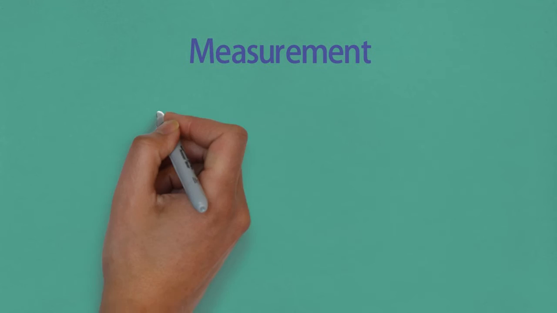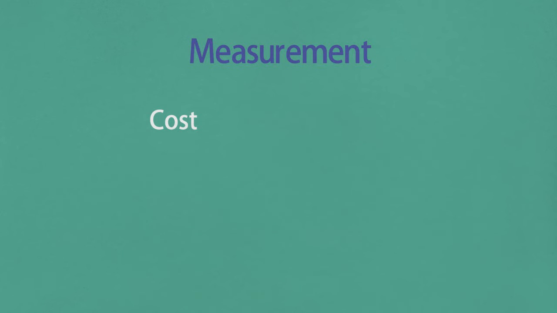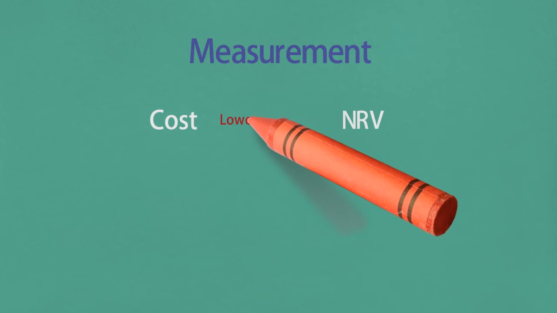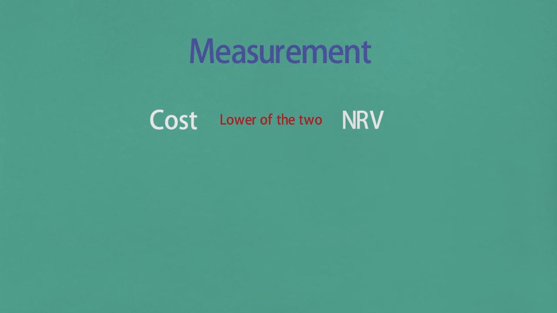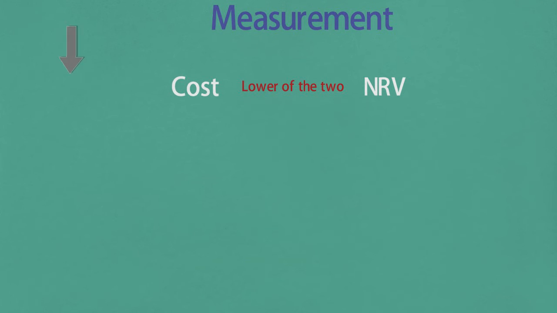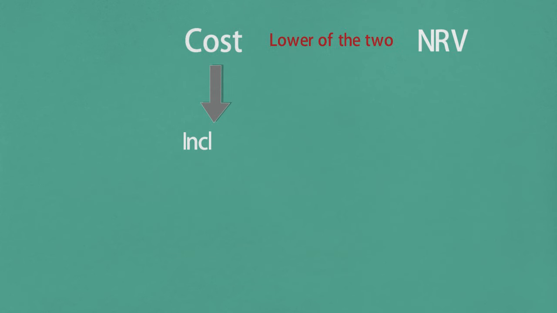Moving on to measurement of inventories, Ind AS 2 states that inventories are measured at lower of cost or NRV. So we need to compute the cost and identify NRV of items in our inventory. Let us see how to compute cost of inventory under Ind AS 2.